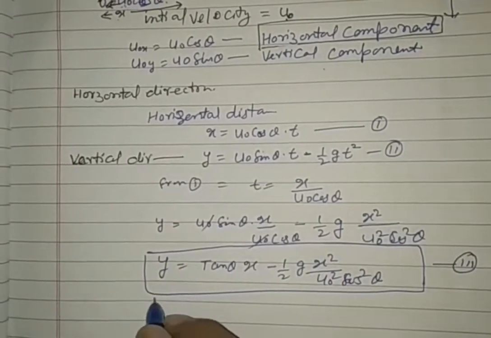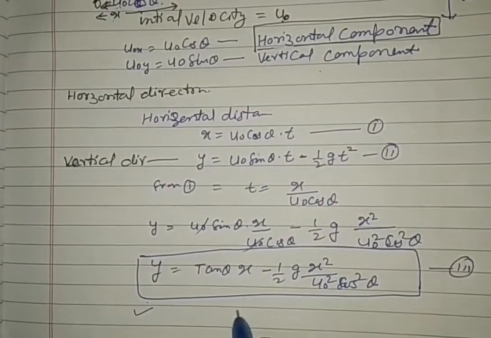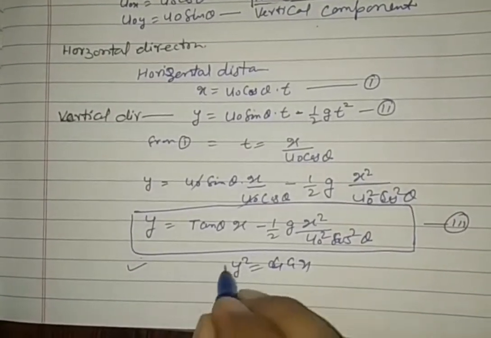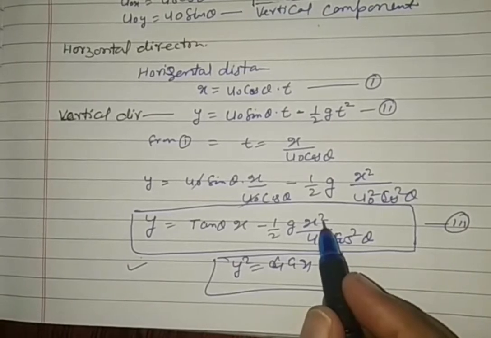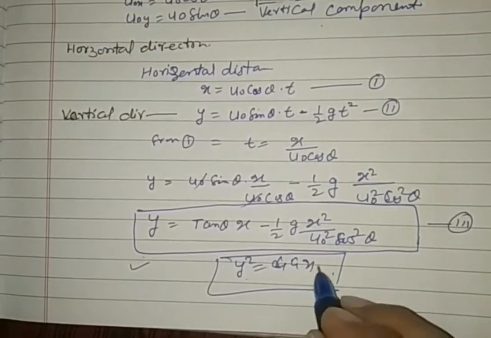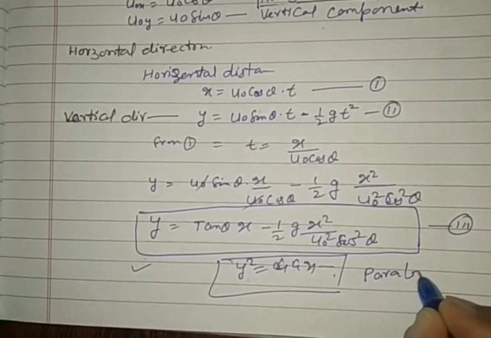This equation is similar to the equation of a parabola, y square is equal to 4ax. When we compare, this has x square here, like 4ax. When we compare, it seems this equation is the same as the equation of a parabola.